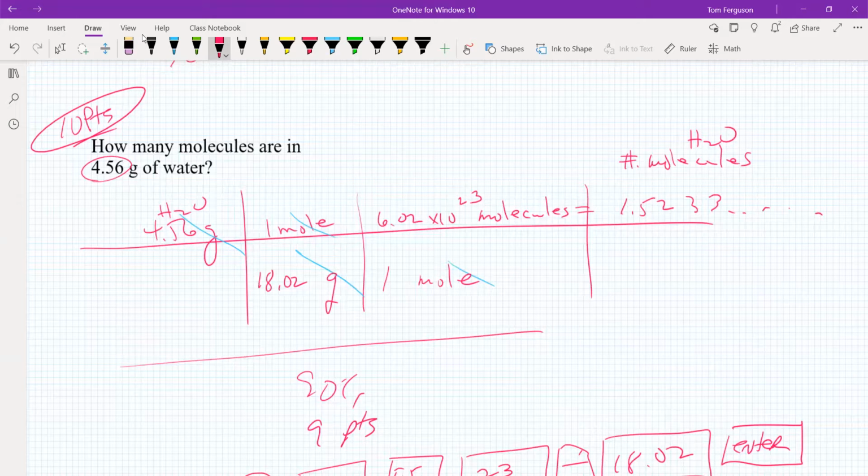Okay, so we have 3 sig figs, 4 sig figs, 3 sig figs. So our answer is going to have 3 sig figs. It means we go to the 4th place.